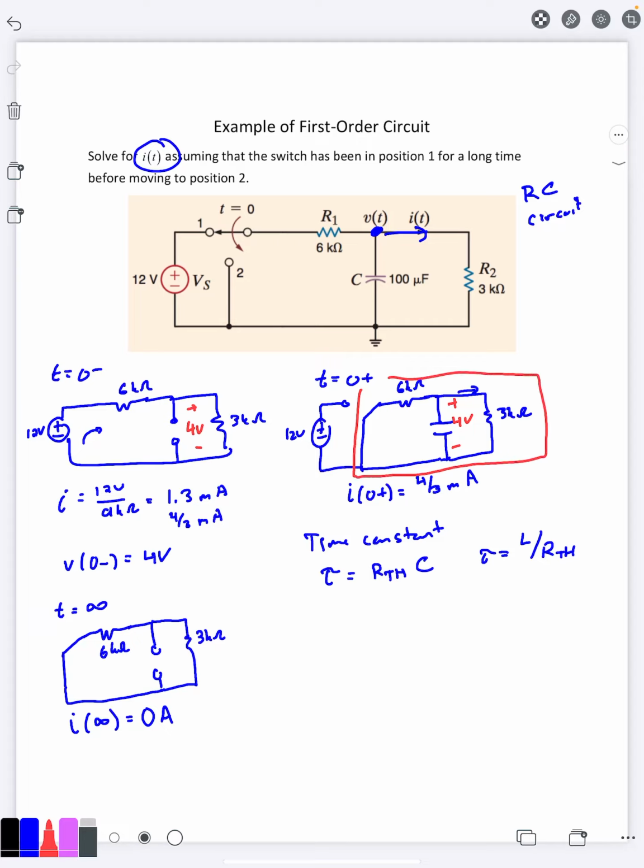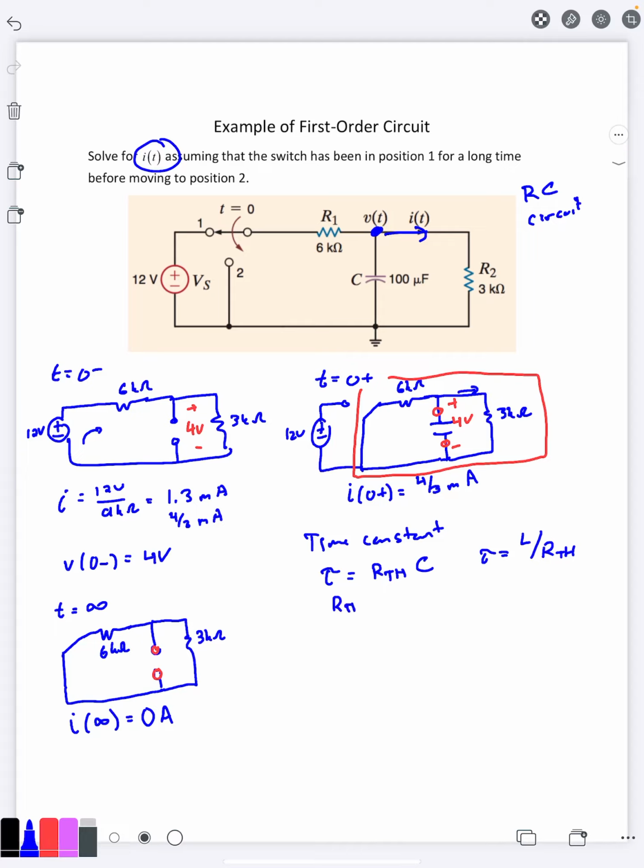And so what we're supposed to do is find the Thevenin resistance with respect to the capacitor here. So if the capacitor becomes your open circuit and you want to find the Thevenin resistance here, because we're looking at those two terminals, the 3 and the 6 are in parallel.